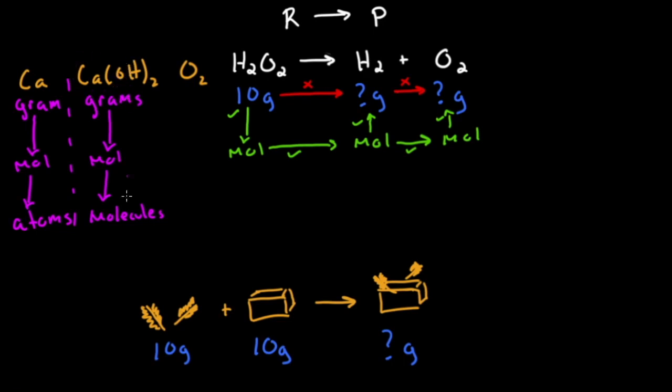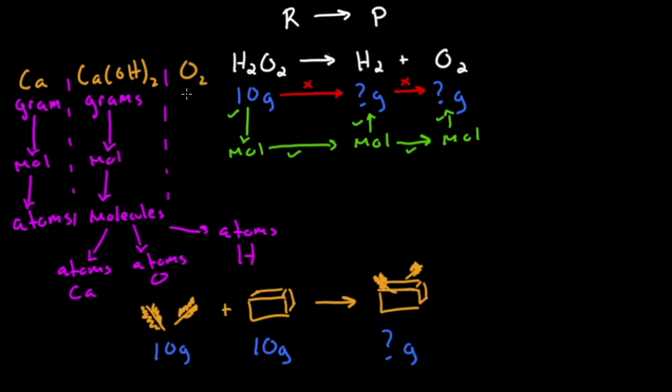It's got more than two. So we would be in molecules this time. But we could go to atoms, but we would have to pick which one we want. We could go to atoms of Ca, or atoms of oxygen, or atoms of hydrogen. We have to pick which one we want.